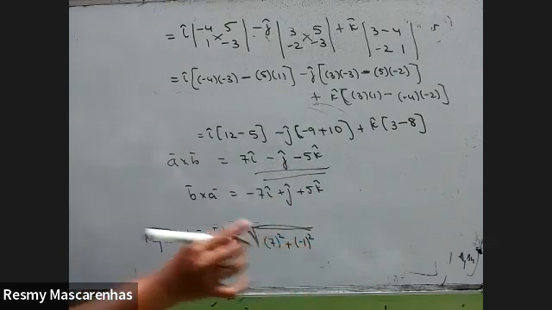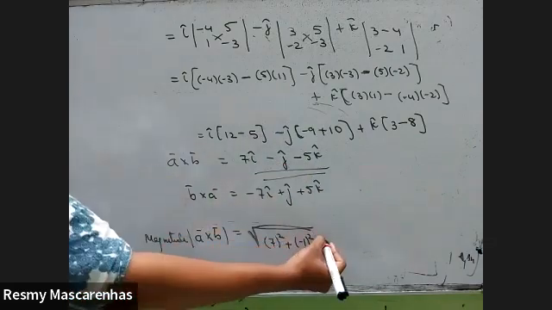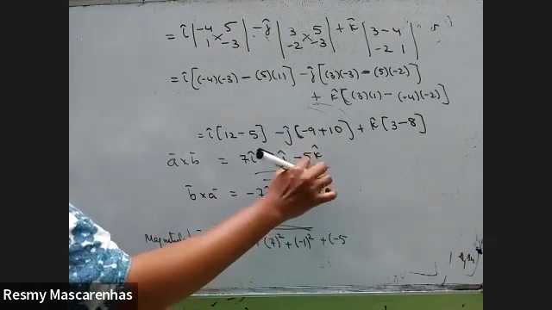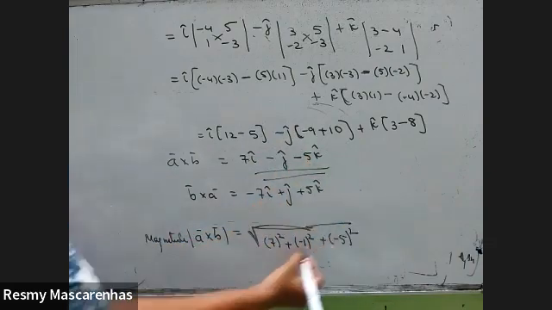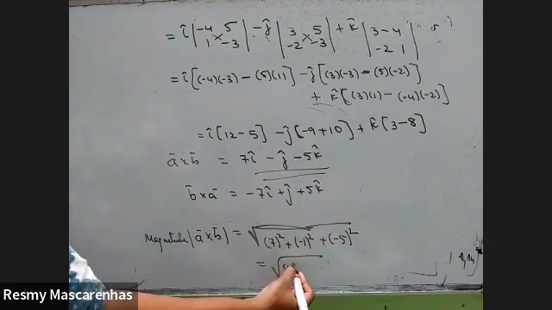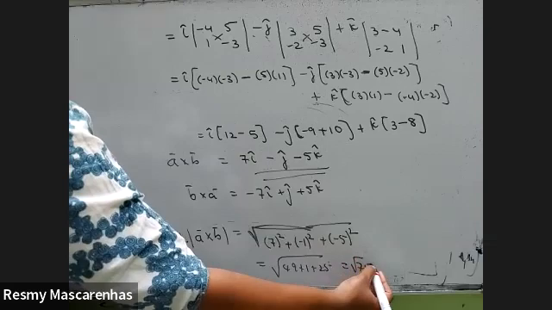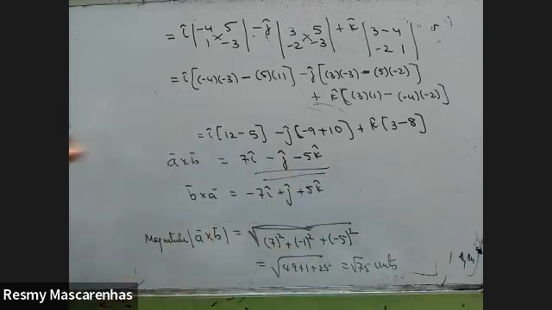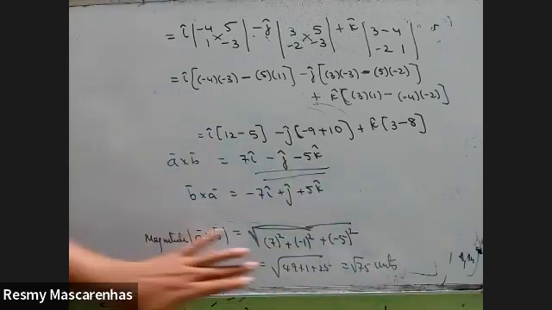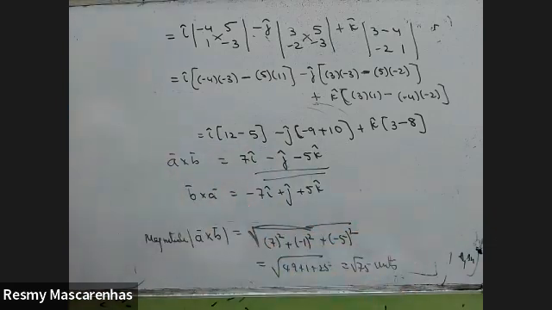Even if you don't take minus, it's fine because after squaring you'll get plus. Coefficient of K is 5. 49 plus 1 plus 25. So root 75. Units, not units, just leave it that much, no problem. Only if it is length and all, you can write as units. Otherwise, magnitude is root 75.